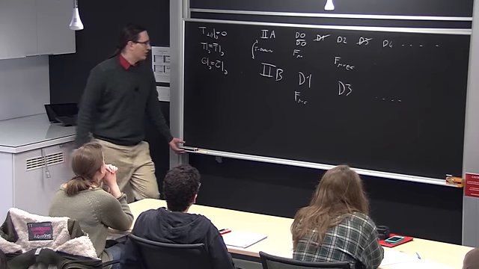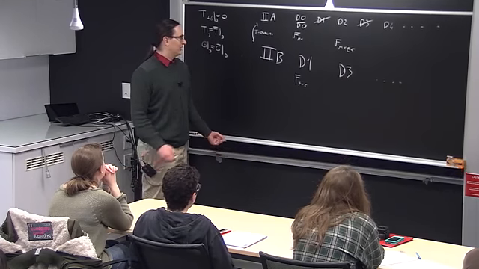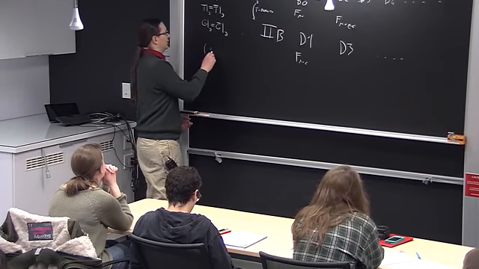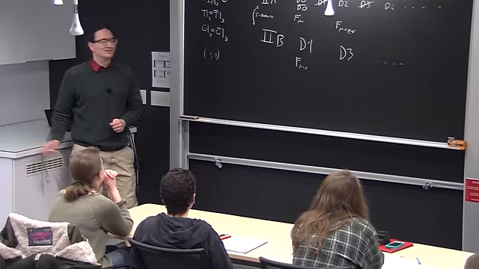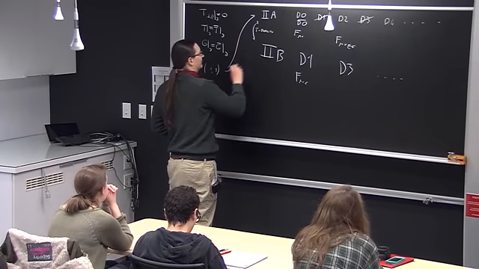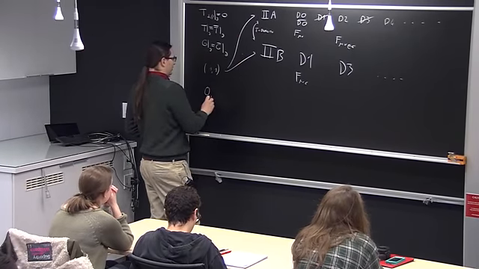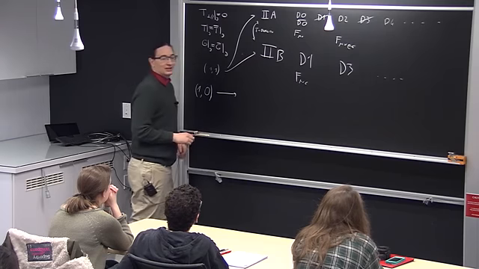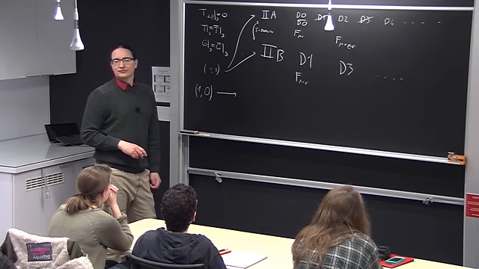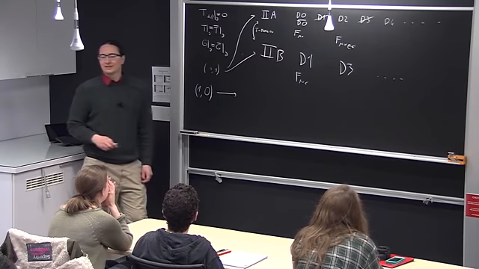Another thing I should mention, so the superstrings were the theories which were (1,1) worldsheet supersymmetry. If you study theories with (1,0) worldsheet supersymmetry, you still get something sensible. You need to work harder.